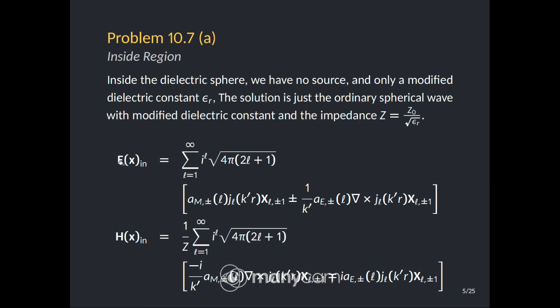So the electric field inside is a linear combination of spherical Bessel functions and the circular polarized vector, where A_M and A_E are the coefficients which need to be matched at the boundary.